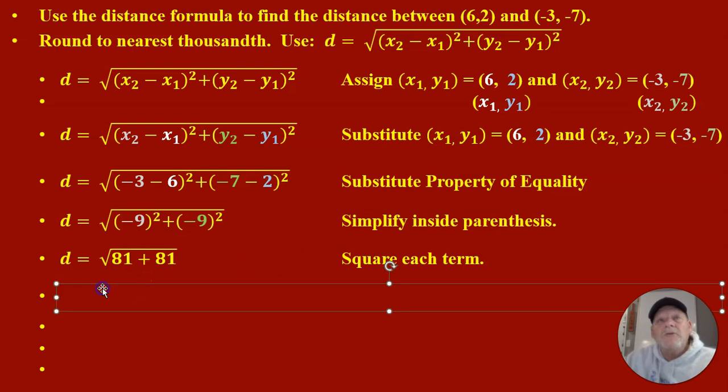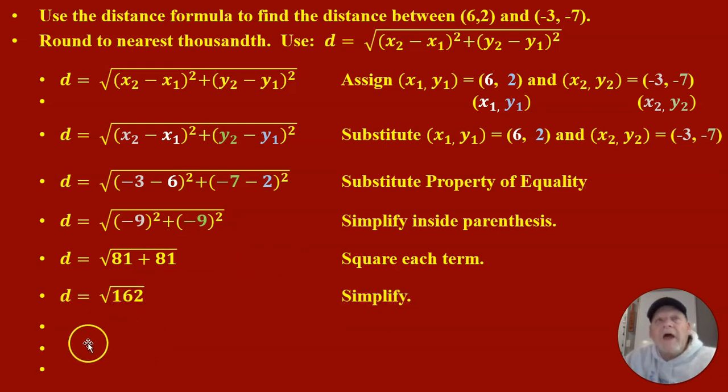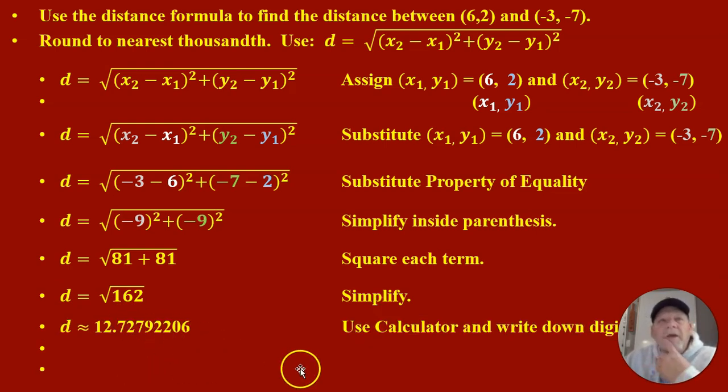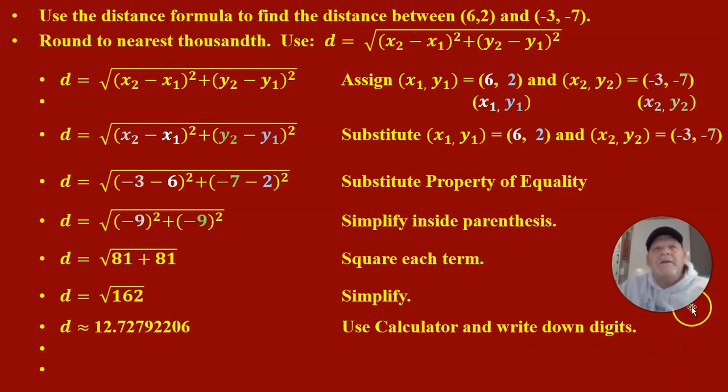I square each term. Now I add them together. D equals the square root of 162, which ends up being 12.72792206. And this is the calculator I use, a TI. Make sure you have a calculator to use to find the square root.